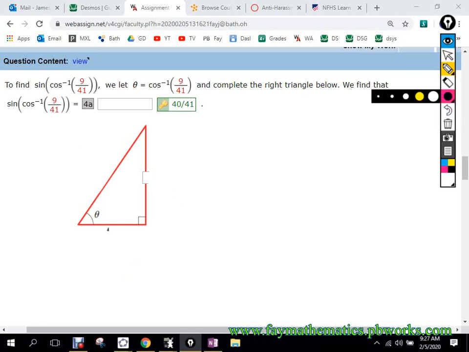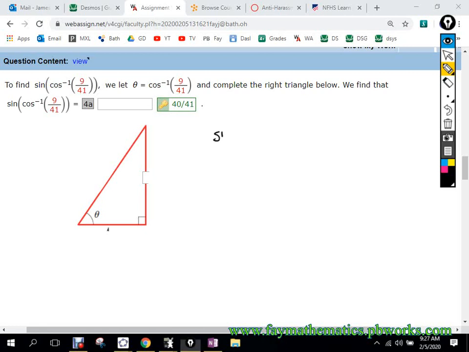All right, so they're giving us here sine of cosine inverse of 9/41. And it says we let cosine inverse of 9/41 and complete the right triangle below. I don't really care too much for the description here.